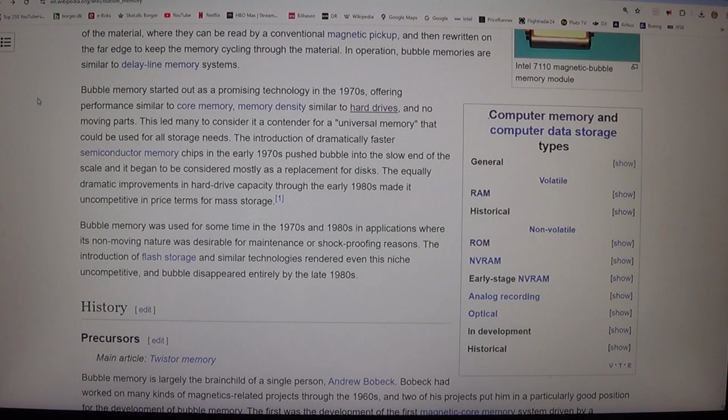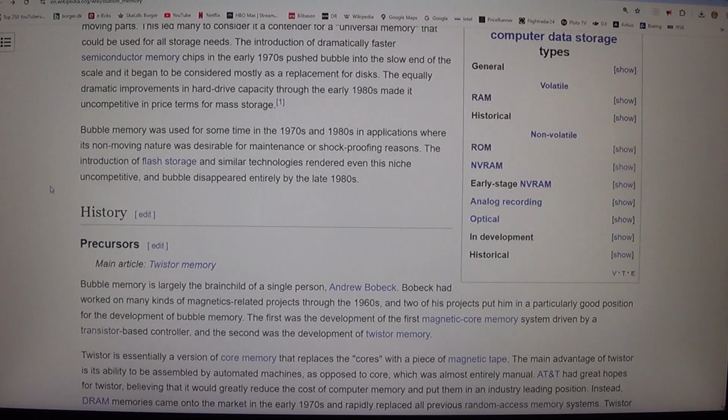The introduction of dramatically faster semiconductor memory chips in the early 1970s pushed bubble into the slow end of the scale, and it began to be considered mostly as a replacement for disks. The equally dramatic improvements in hard drive capacity through the early 1980s made it uncompetitive in price terms for mass storage.